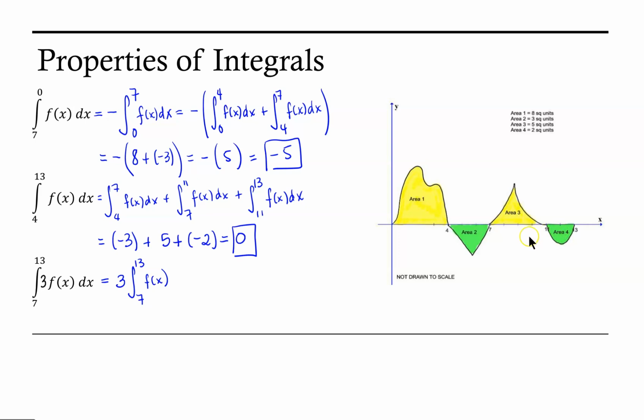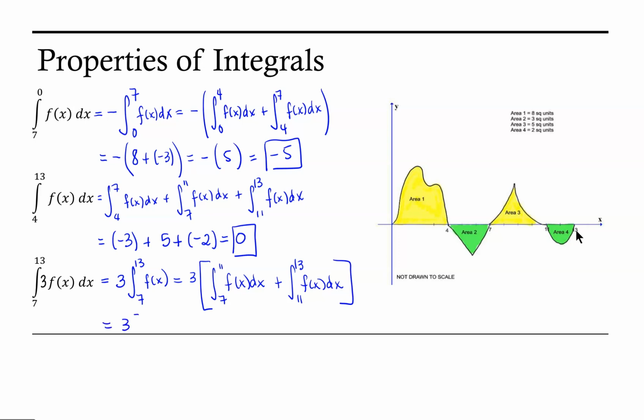So we will have to split this into an integral from 7 to 11, and then from 11 to 13. So this will be 3 times the integral from 7 to 11 of f of x dx plus the integral from 11 to 13 of f of x dx.